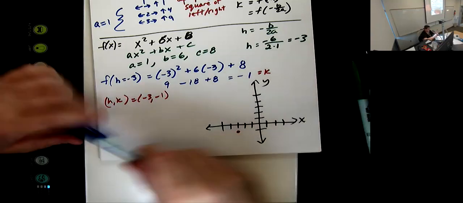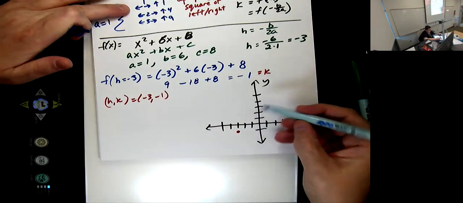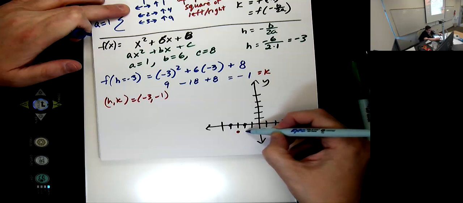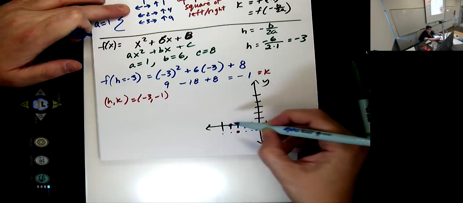Then we could do the left and right 1, up 1. Left and right 2, up 4.